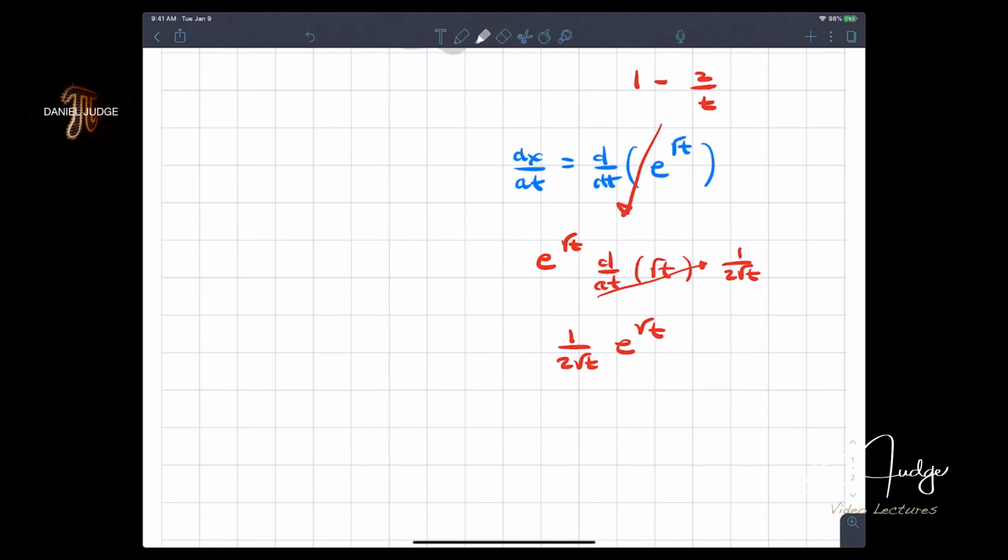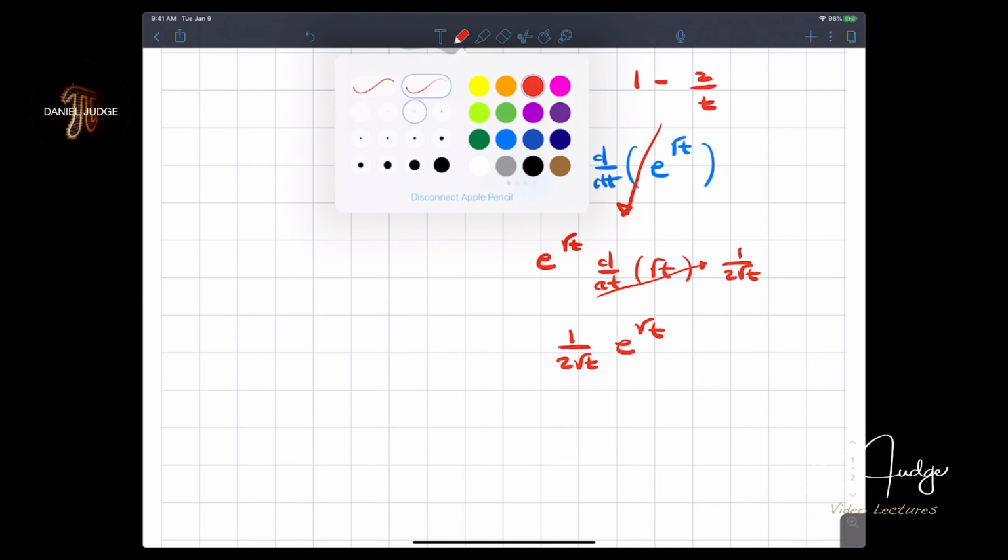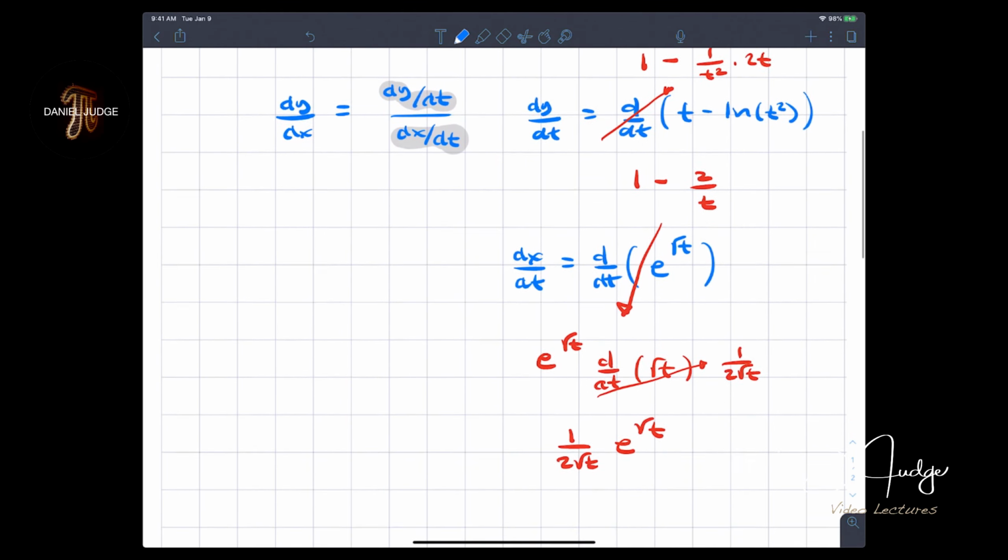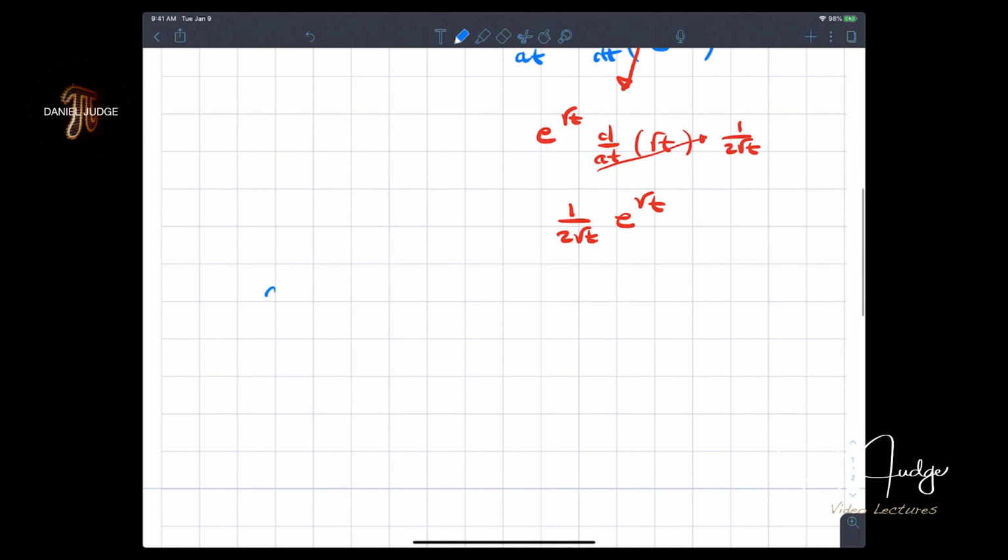Now, all together here, because remember, we have to take both of these terms and we have to divide. So you have dy dx becoming 1 minus 2 over t over really e to the square root of t over 2 square root of t.